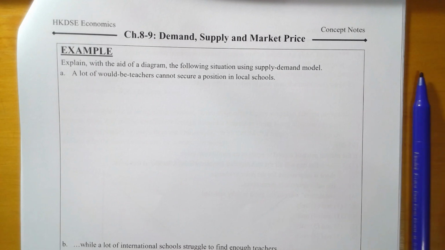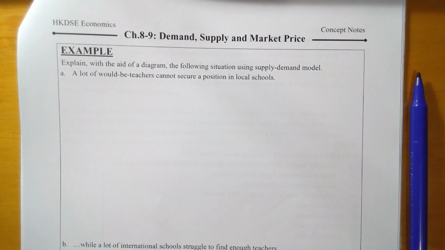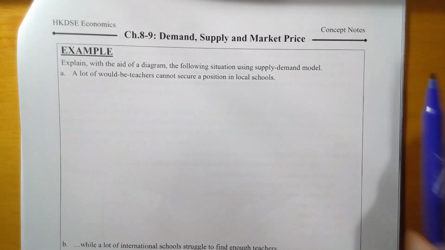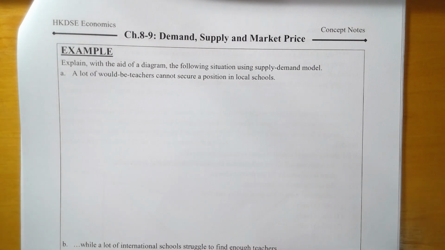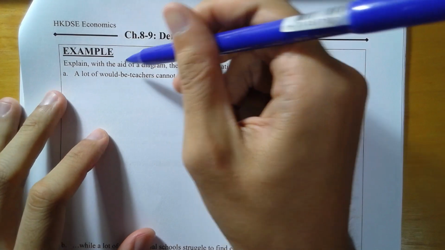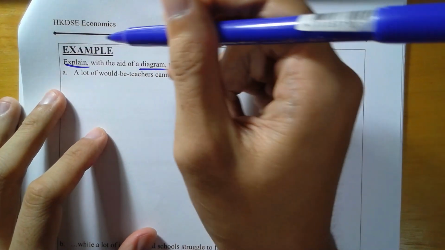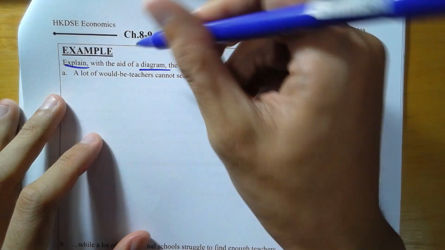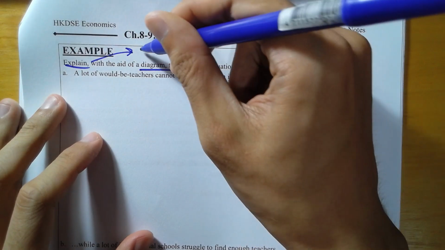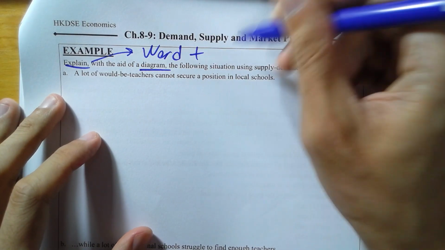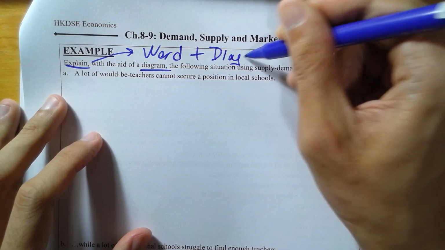Alright, 冇乜 example 啦. Alright, let me take a break first. Right, I'm back. Now, first example. Now, 睇清楚啊, read carefully. We need to explain with the aid of a diagram. Meaning, actually, we need both word plus a diagram.